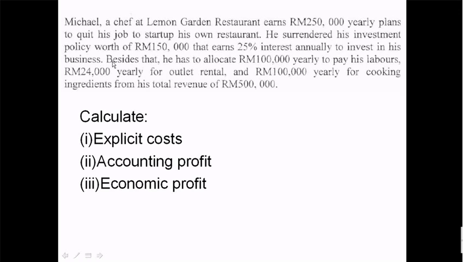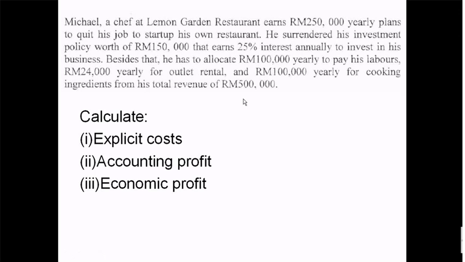He surrendered his investment policy worth 150,000 that earns 25% interest annually, and he has to allocate 100,000 yearly to pay his labor, 24,000 for rental, 100,000 for cooking ingredients, and his total revenue is 500,000.